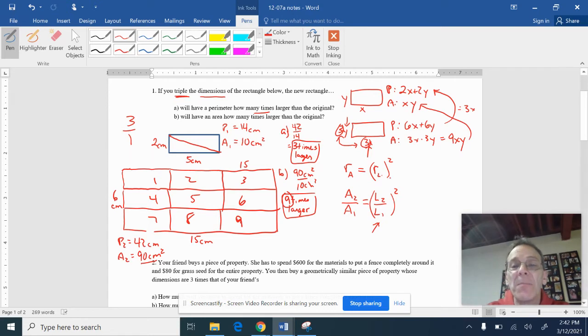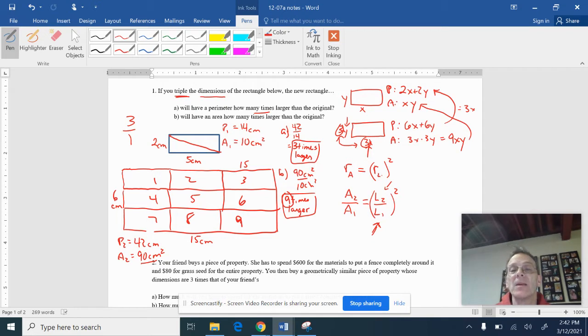Like if I'm taking the base of one rectangle, I got to put that over the base of the other rectangle. If I'm taking the height of one, it's got to be over the height of the other. If you're taking a diagonal, you got to put it over a corresponding diagonal, whatever, okay? For that matter, a perimeter is a length measure. I could substitute L2 over L1 with P2 over P1 because perimeters are lengths.